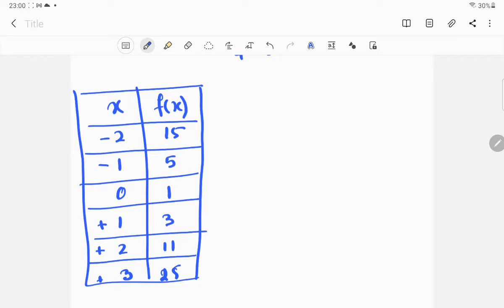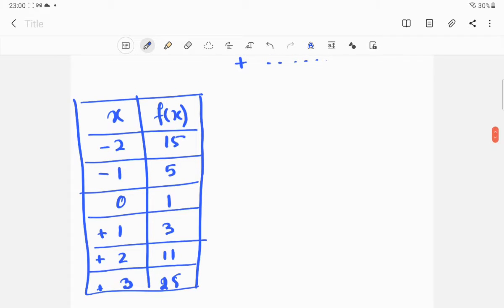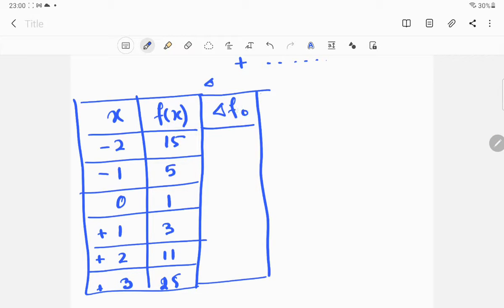Now, as usual, first we will try to find the value of del f0, the difference of first order. You might remember the method for that. We will start from here. The difference 25 minus 11 is equal to 14.